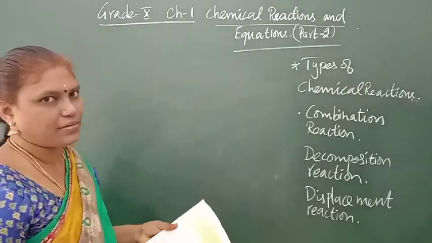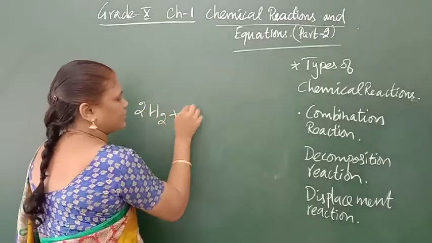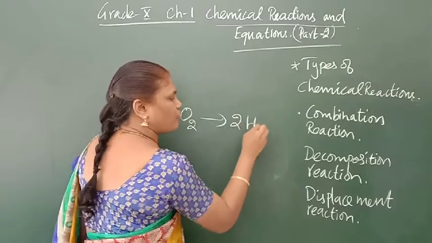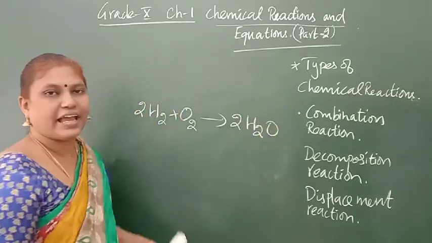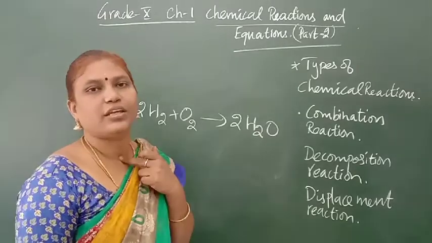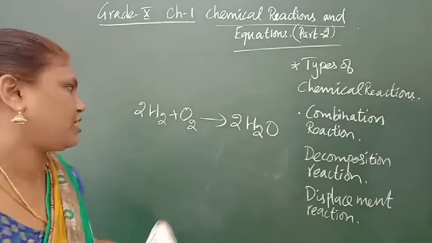First we have seen carbon plus oxygen. Next, hydrogen plus oxygen. When they combine, they give 2 molecules of water. So hydrogen gas, when it reacts with oxygen gas, gives liquid water. It is also an example of a combination reaction.